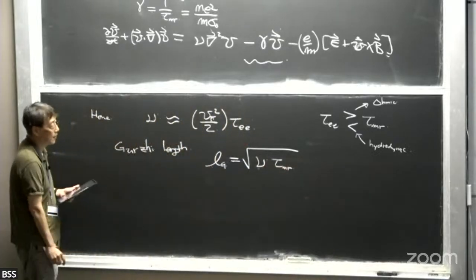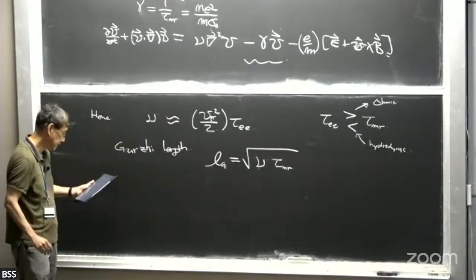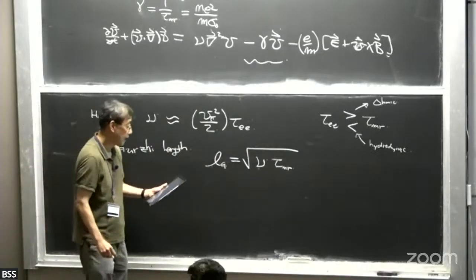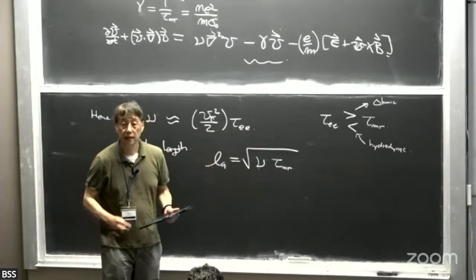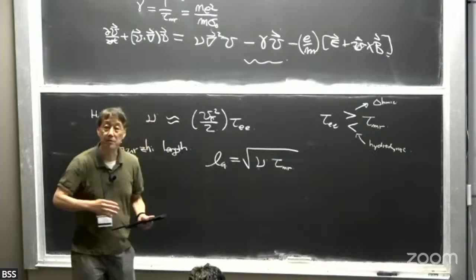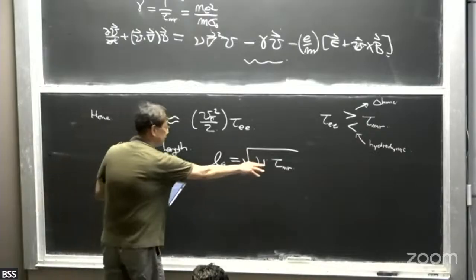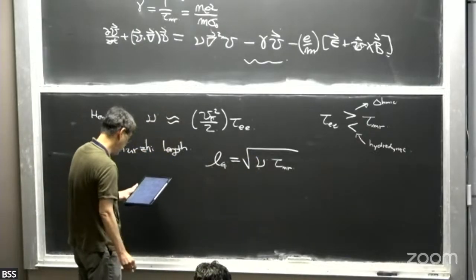And this Gurzhi length scale gives you the length scale at which the boundary condition becomes important, considering both the hydrodynamic and the ohmic condition, right?